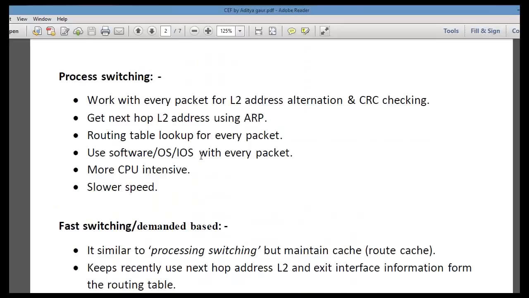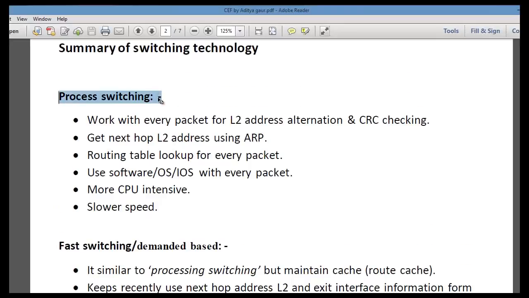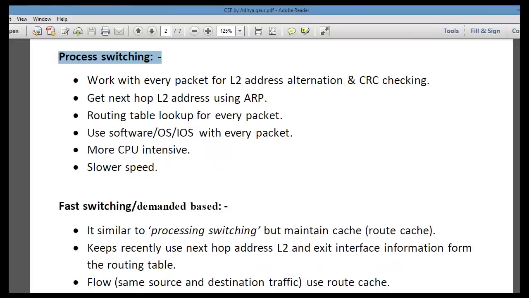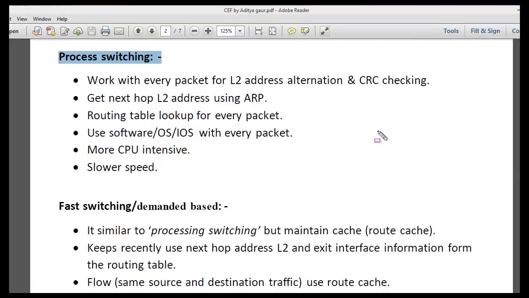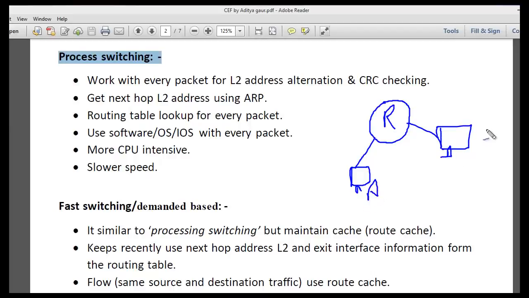Let's begin with process switching. How does process switching work? To understand it better, let me take my pen and go through a diagram. Suppose this is a router, with a computer connected on the left and another computer on the right, computer A and computer B. Somehow computer A wants to send data to computer B. First it sends data to the router, since the router works like a gateway.